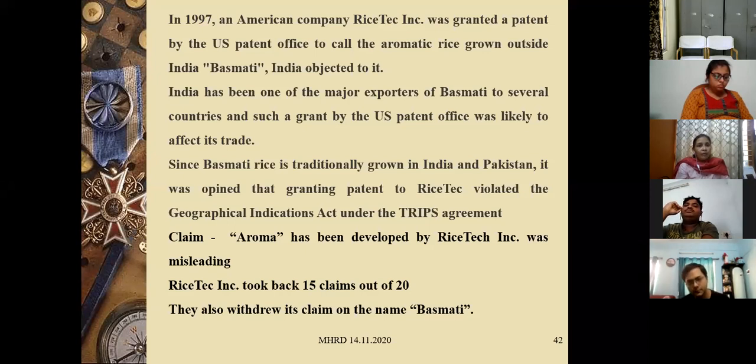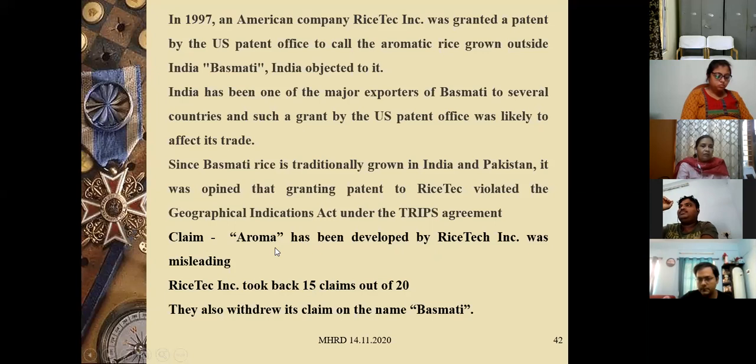India has been one of the major exporters of basmati. We have been exporting for many years to about 130 countries. Basmati is traditionally grown in India and Pakistan, and it was opined that granting a patent to this company, Rice Tech, violated the Geographical Indications Act under the TRIPS agreement. Rice Tech claimed that the aroma was developed by them, which was completely wrong.